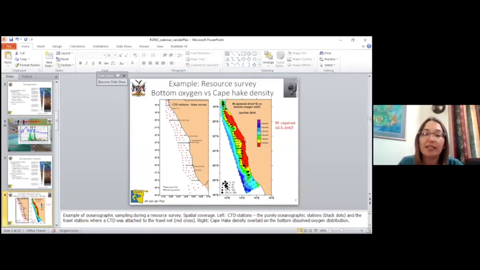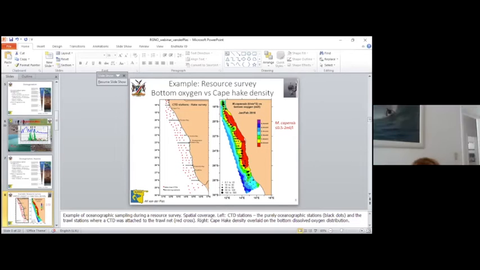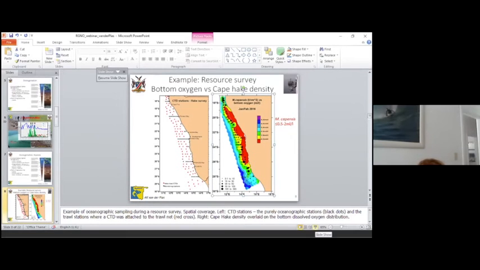It's the densities here that are being depicted, but that is where the largest occurrences of capensis are. Okay, so it's quite apparent there that the largest densities are just sort of on that borderline between the very low oxygen and the higher one. My question is, do you know why?